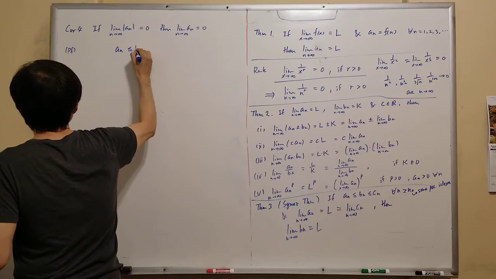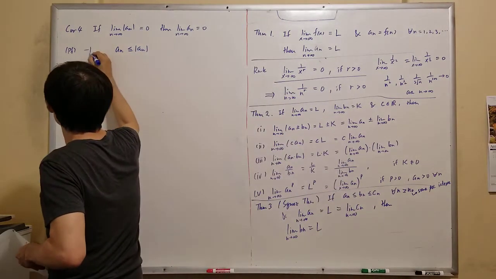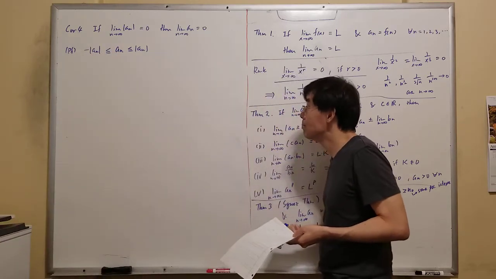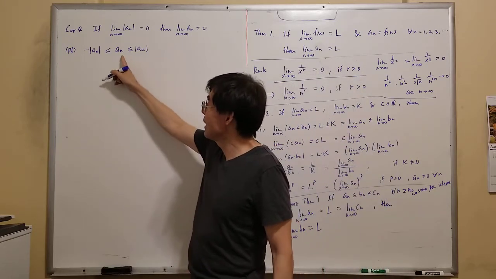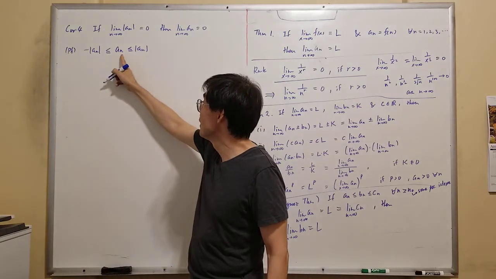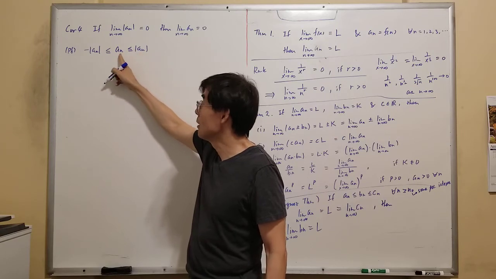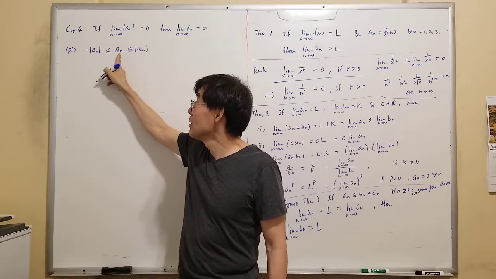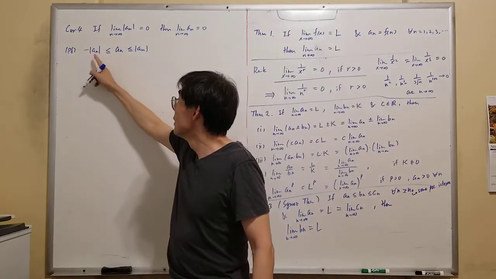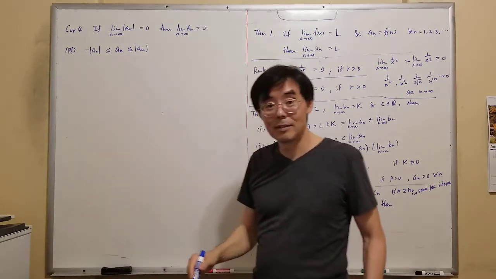Okay, a_n is always less than or equal to the absolute value of a_n, but greater than or equal to minus the absolute value of a_n. It's kind of misleading. It looks like a_n is somewhere in the middle. No, a_n will always be either the same as this or the same as this. If a_n is positive, same as this absolute value. If a_n is negative, it will be the same as the negative of the absolute value. If it's negative 3, the negative of the absolute value of negative 3 is negative 3. Okay?